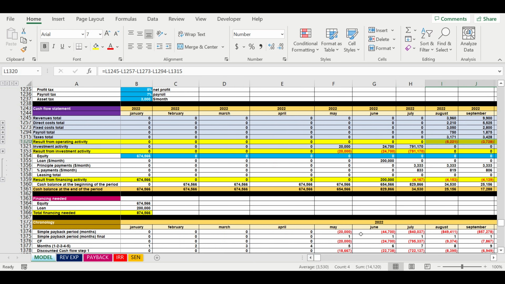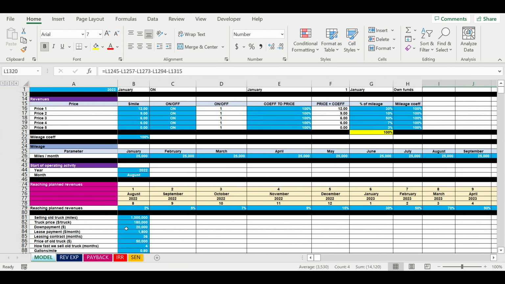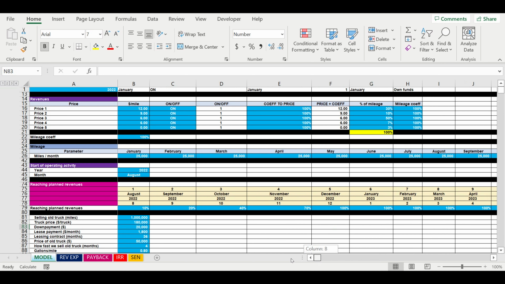For example, if we go up and specify other values of reaching, so let's create the scenario like this.